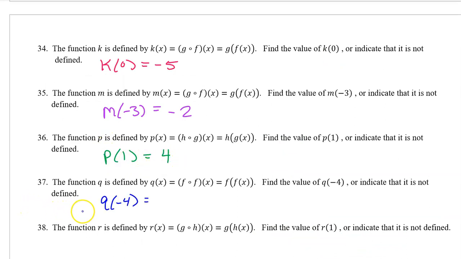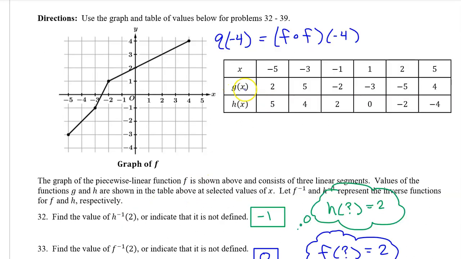For number 37, we must evaluate q at negative 4. But function q is f of f of x. So we must evaluate f of f at negative 4. Working from right to left, we start with f at negative 4. Let's see, here's negative 4, and here is f at negative 4.